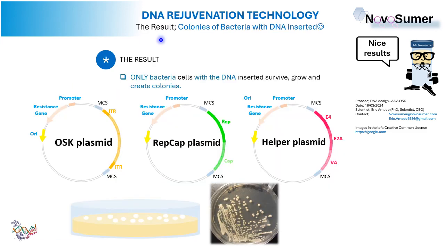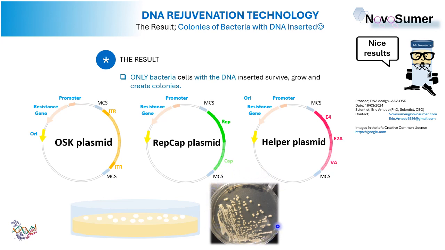Okay, so finally we got our results. After 16 to 24 hours, we have our results. What are these results? The results are colonies of bacteria with DNA inserted, colonies of bacteria on the surface of the agar plates. The results are very much like this.